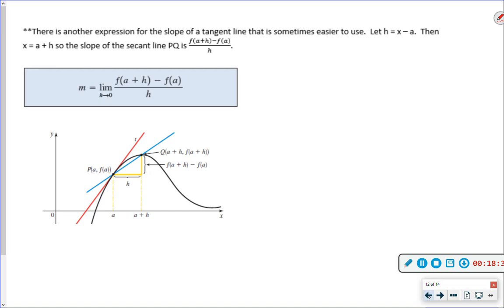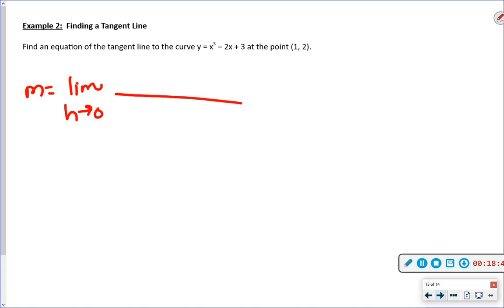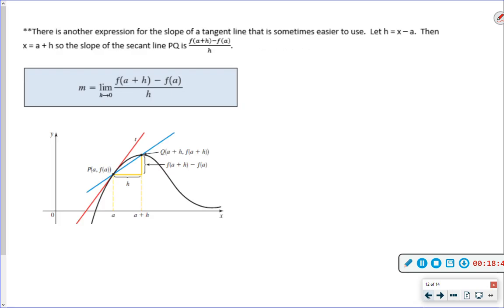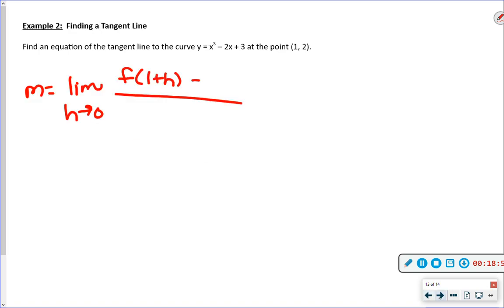So when I click the slide, you'll see your x coordinate on the point is 1, so I'm going to have f of 1 plus h, minus, because we're subtracting just like slope, f of 1, over h.